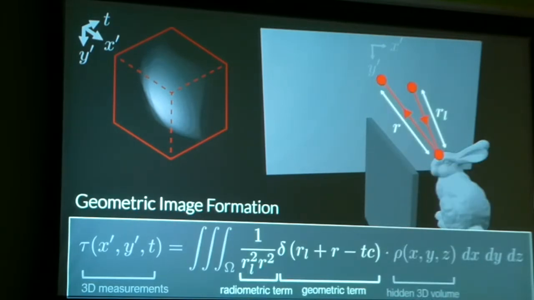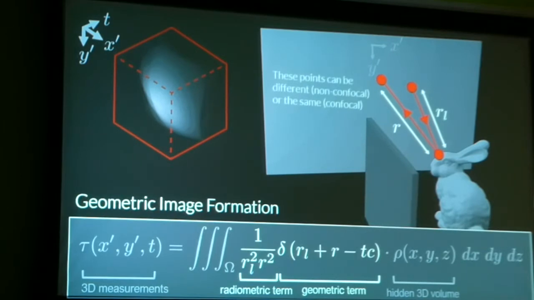And then we have these two terms here, one of which describes the decay in the intensity of the light as it's scattering out, as it travels. And then this other term is a geometric term which relates the distance from the wall to a point in the hidden volume and back to the wall, to the time at which we would see a peak, or photons arriving, in our measurements.